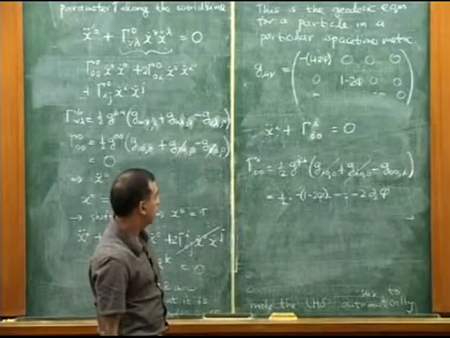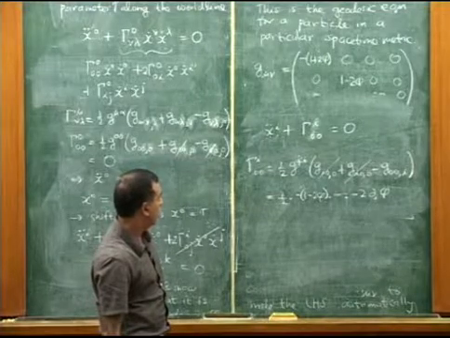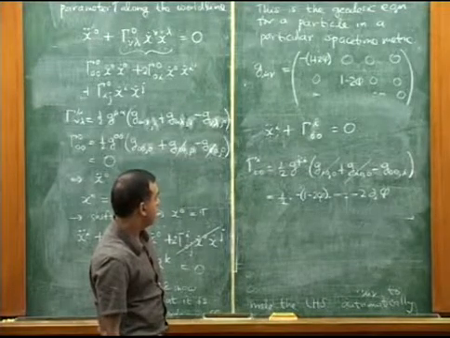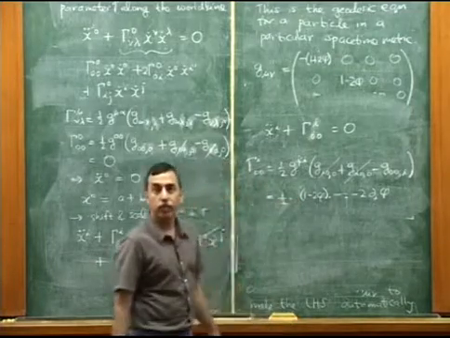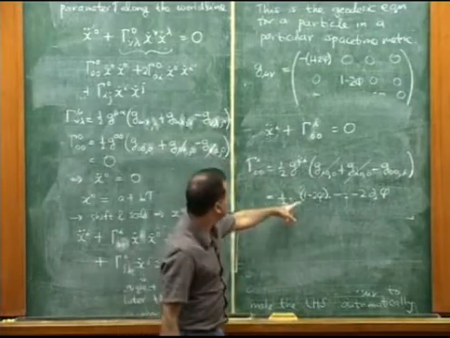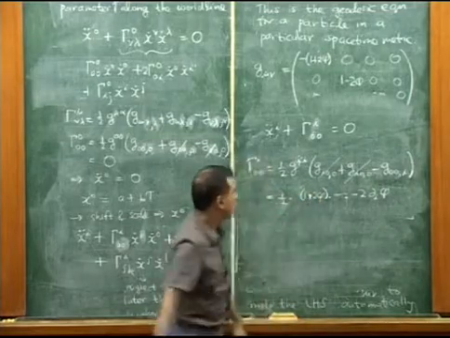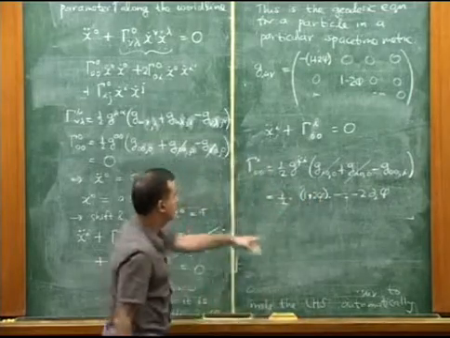Now, sorry, G upper I doesn't have this minus sign. This is plus, because in fact it's 1 plus 2 phi. Actually, it won't matter.